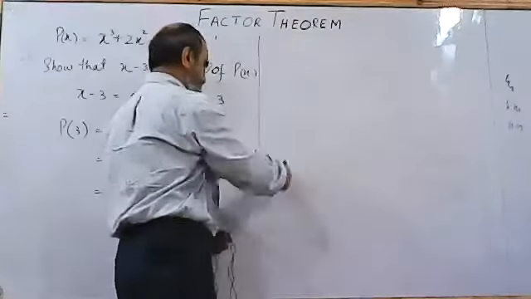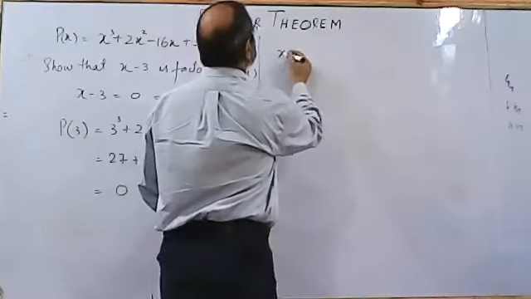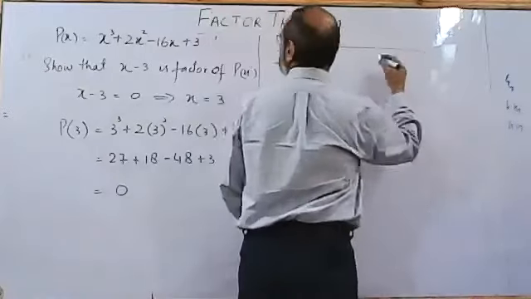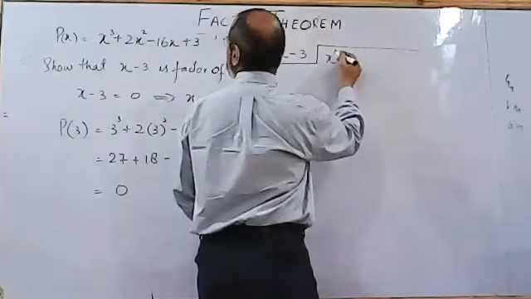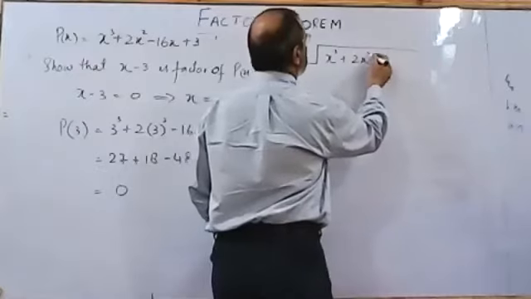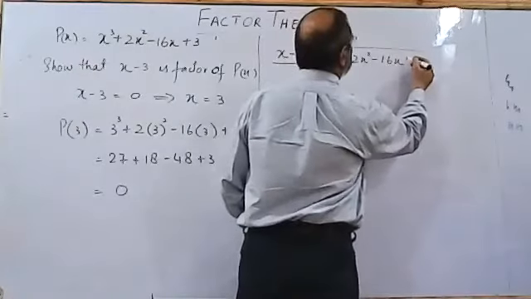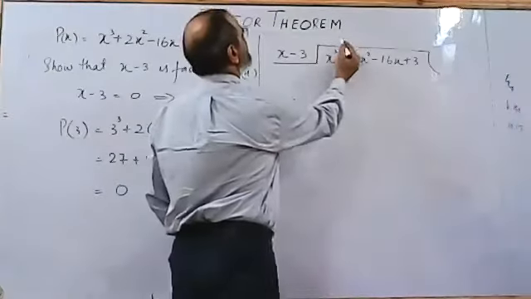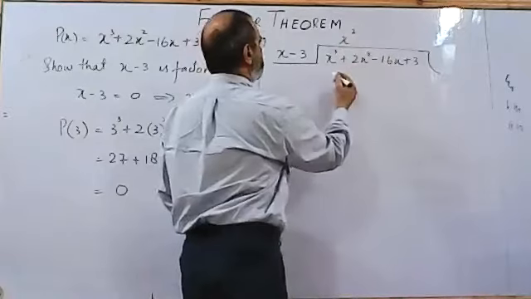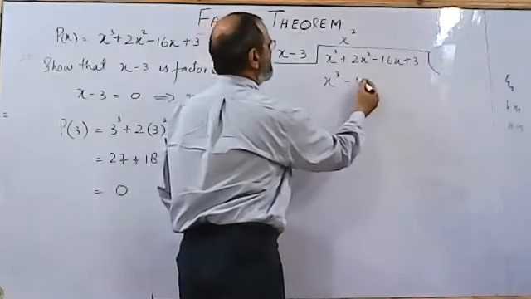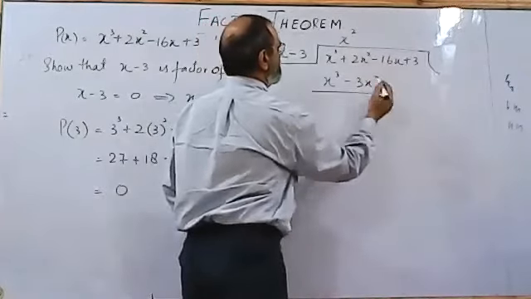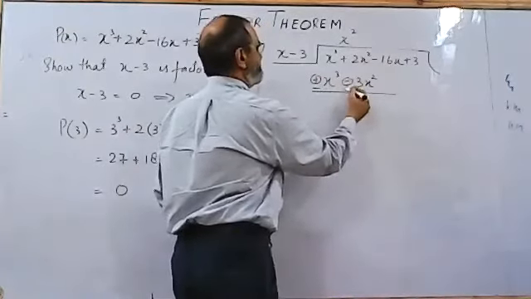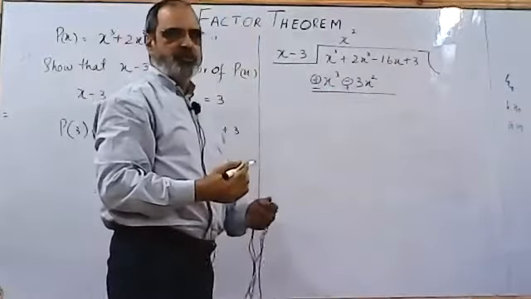If we use the division technique, dividing x cube by x, I get x square. So changing signs just to subtract.